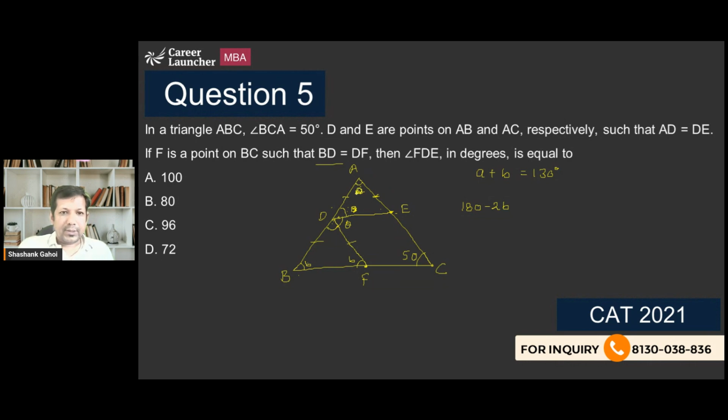So this is A, and this is B. BD is equal to DF, so this is B, this is also B, and this is going to be 180 minus 2B.